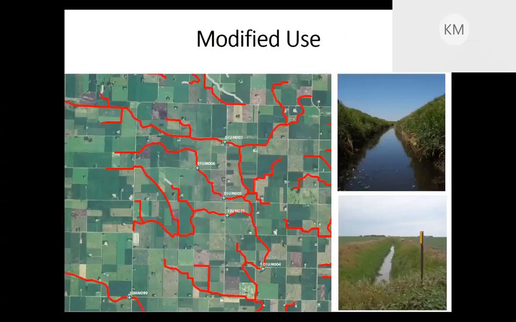This is the more typical scenario for a modified use: a watershed system where all of the streams have been straightened, or these are constructed ditches where they drained wetlands or upland areas, and they have very poor habitats for biological communities. In many cases the ditching goes well before 1975, and they are continuing to be maintained for drainage.